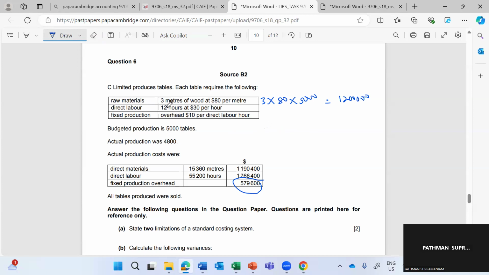Okay, direct labor will be 12 times 30 times 5,000. That will be 1,800,000. And the fixed production cost will be 10 times 12 times 5,000.